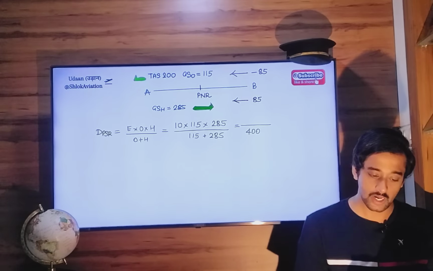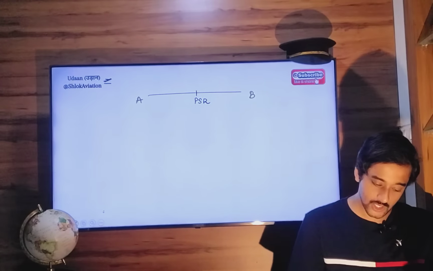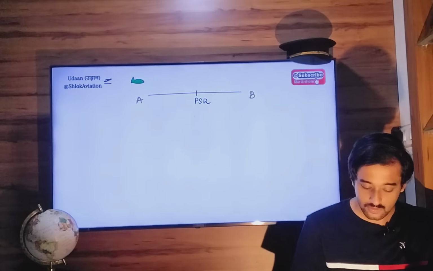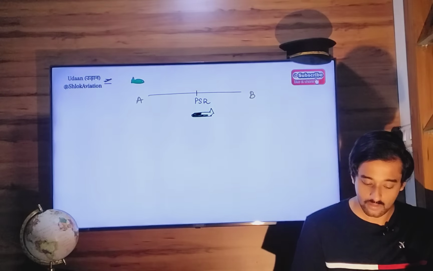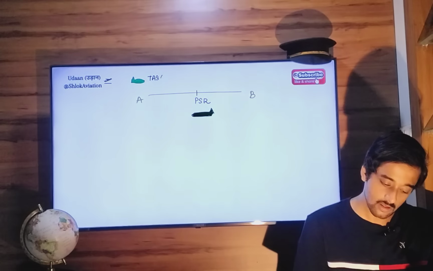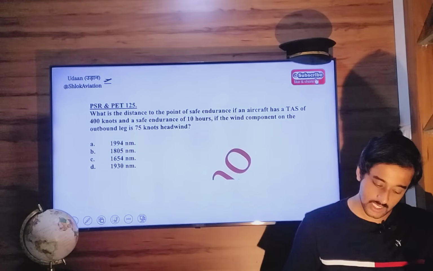Last, TAS 400, endurance 10 hours, winds on the outbound leg 75 knots headwind. What is the distance to point of safe return? So A, B, here is your point of safe return. Here is your aircraft at A. Okay, so TAS 400, headwind 75 knots.